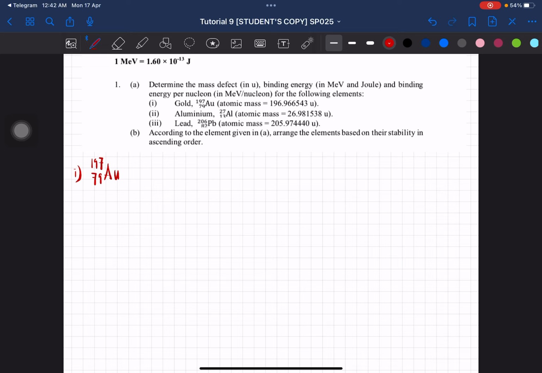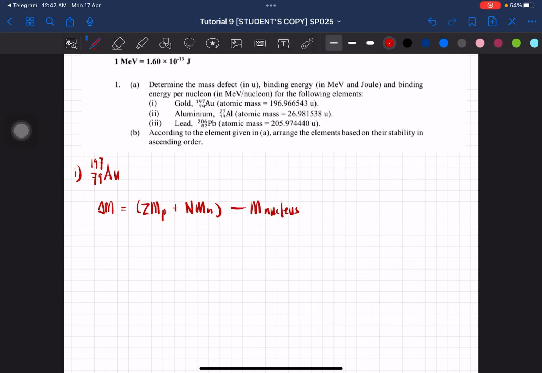They just give us the mass. Okay, right. So for the mass defect, that is delta M, and we know that delta M is equal to Z Mp plus N Mn minus mass of nucleus.